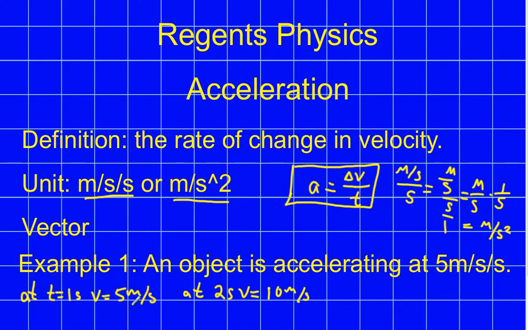I took the original 5 and I added 5 more to get the 10 meters per second. And then we can do this one more time. At 3 seconds, the velocity is going to be equal to 15 meters per second. So as time goes on, it's going to gain 5 meters per second every second of time.